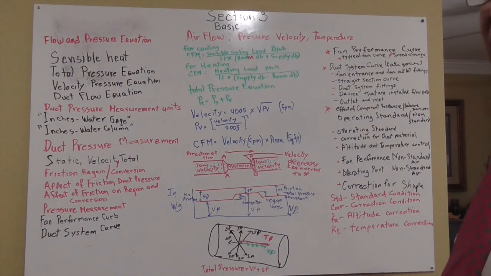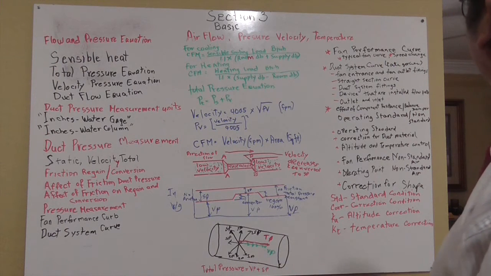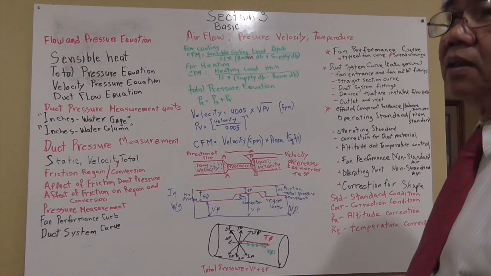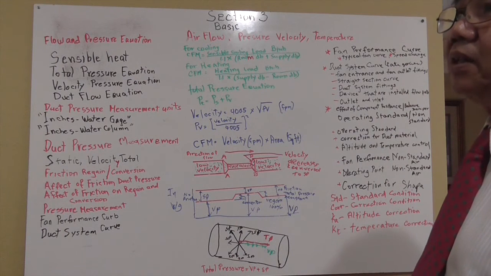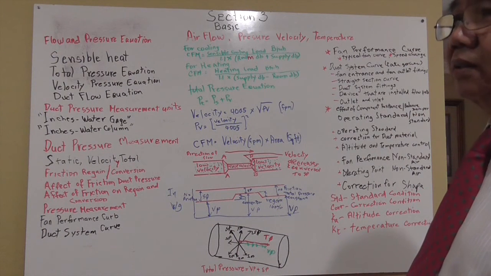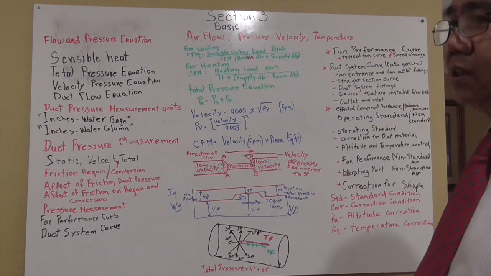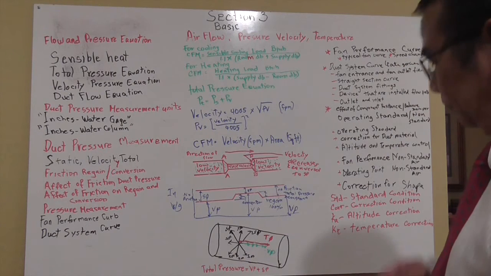Then we select the fan, and on the fan performance curve, each fan will have a characteristic curve that will indicate for a certain speed a certain CFM.